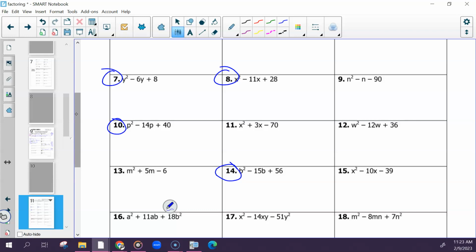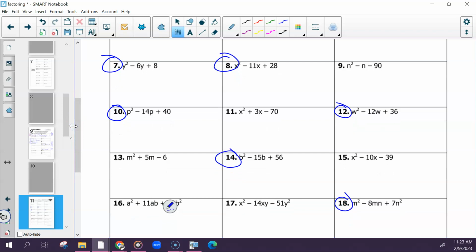8. We'll get to 18 here in a minute. Oh, you can do 18. Okay, 8 and 18, if we have others, we'll go over those. So with 8, same thing, still find our factors of 28.